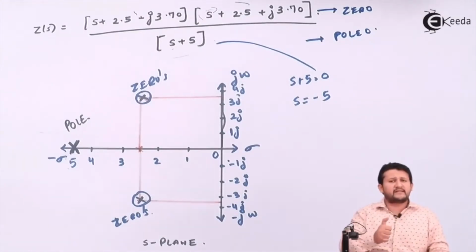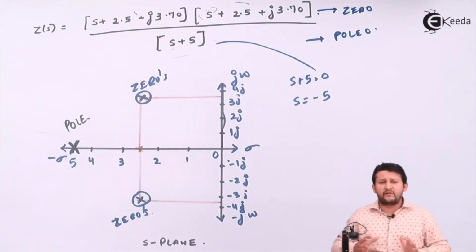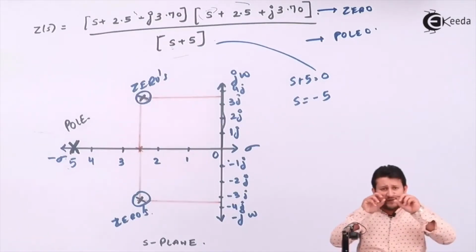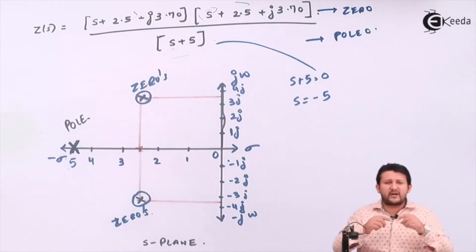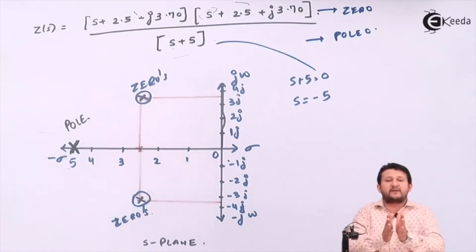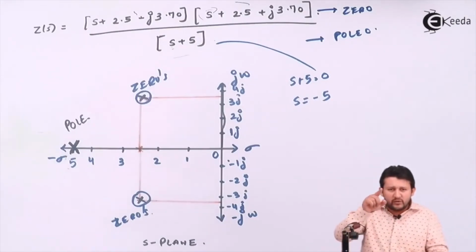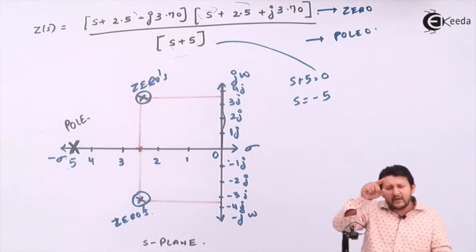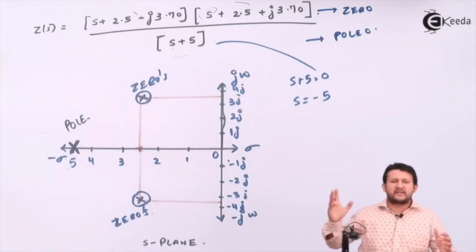After finding the value for S, I need to find the value for poles as well as zeros. So the value of S which I get from the numerator is termed zeros, and the value of S which I get from the denominator, my dear friends, is termed poles. So poles you can plot by cross, and for zeros you can plot either by circle or by cross and circle. That's your choice.